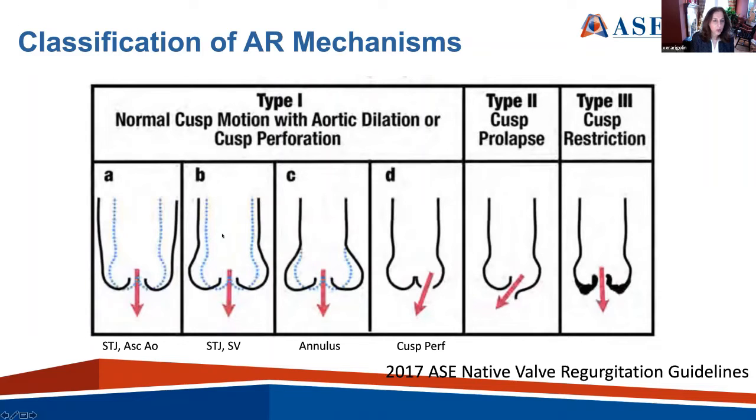Type 1B is dilatation at the sinotubular junction and the sinuses of Valsalva. A type 1C is dilatation at the annulus. A type 1D is a cusp perforation. Then a type 2 is cusp prolapse, and a type 3 is cusp restriction.